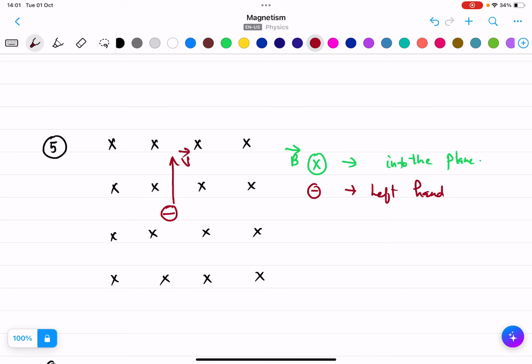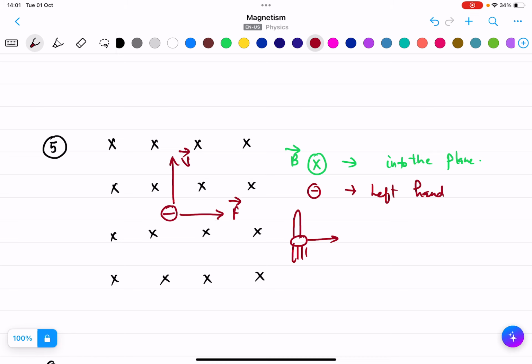That means B is into the plane and V in the direction like this. I cannot show you the fingers, but your thumb will be upwards and your fingers will be down like this. So your palm will face in this direction. So that will be your force direction.